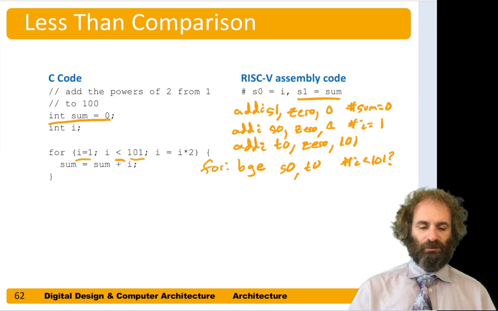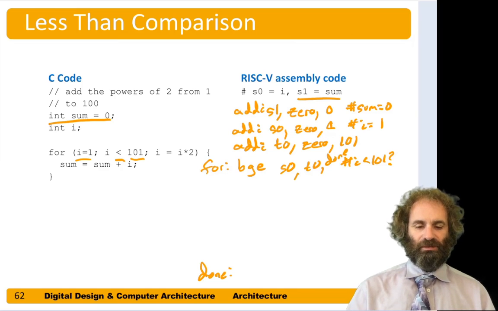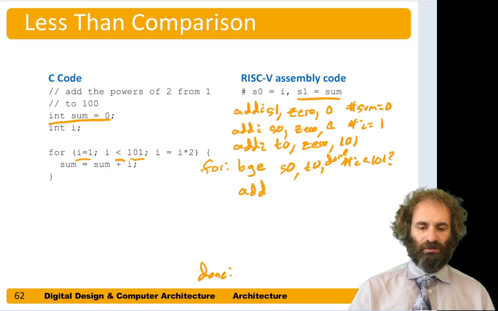If it's less than, we'll do the body. If it's greater than, we want to go to a done. Now we get to do the body. Body was sum equals sum plus I. S1 gets S1 plus S0.